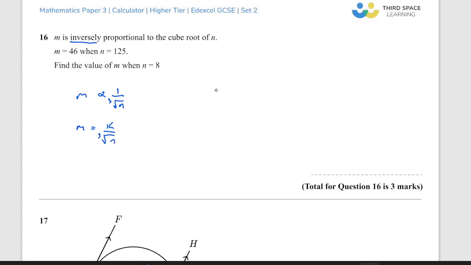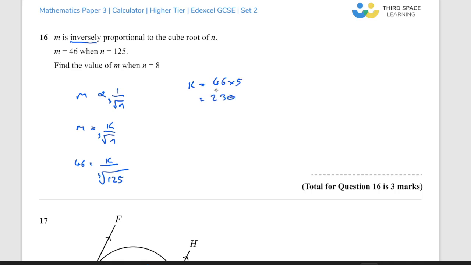So for my first values, if I put them in, I've got 46 is equal to k over the cube root of 125, which is 5. So k is going to be equal to 46 times 5, which gives me 230.